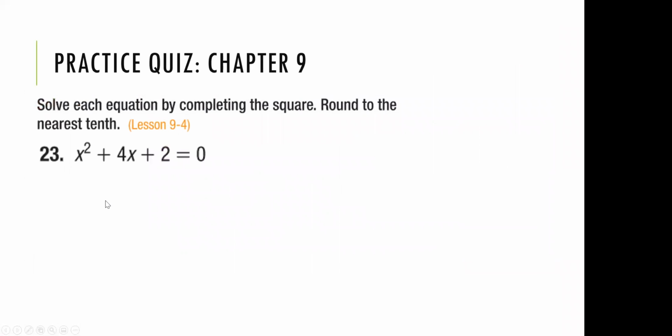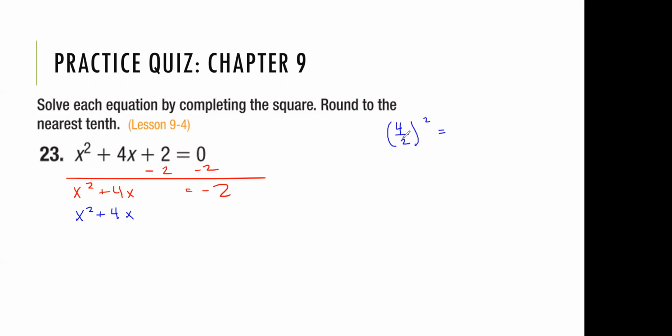All right, so let's look at some of these. Number 23 says to solve each equation by completing the square, rounding to the nearest tenth. First thing I'm going to do is subtract 2 from both sides so that I have x squared plus 4x equals -2. Then I can complete the square here. I need half of b, which is half of 4, which is 2, and 2 squared is 4.